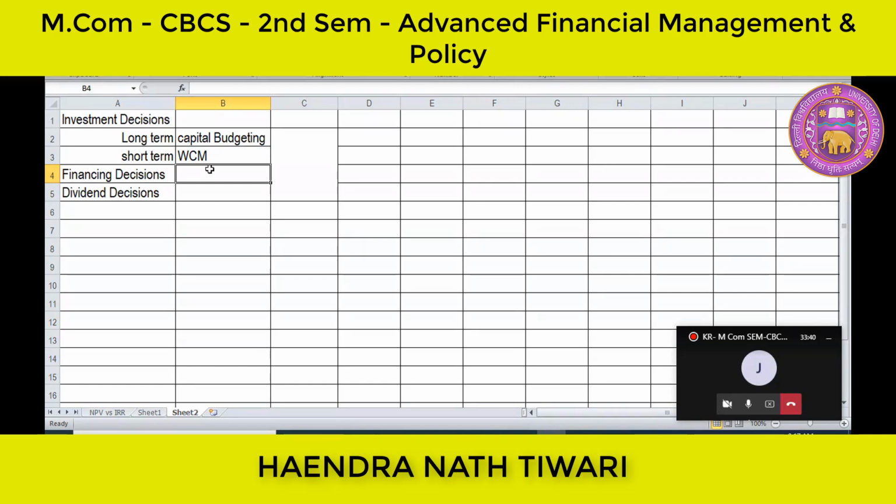If the rate of return of the company is greater than the cost of debt, the additional amount available goes to the equity shareholder. So their net worth will go up. So ultimately it will add to the value of the firm. What is the value of the firm? Value of the firm is market value of debt plus market value of equity.